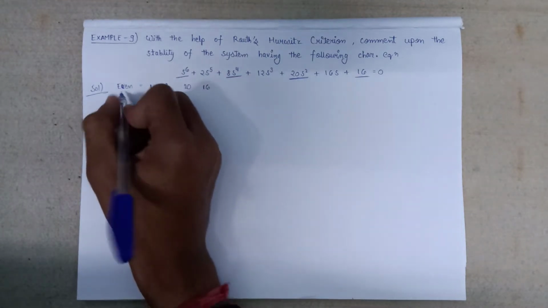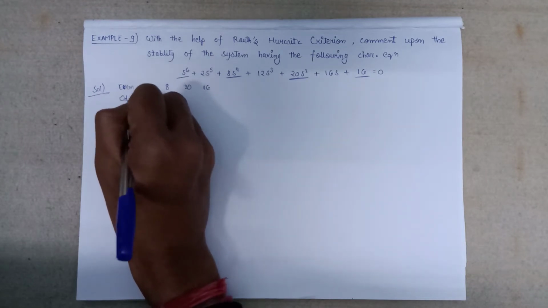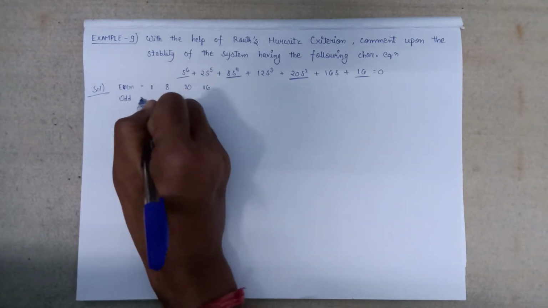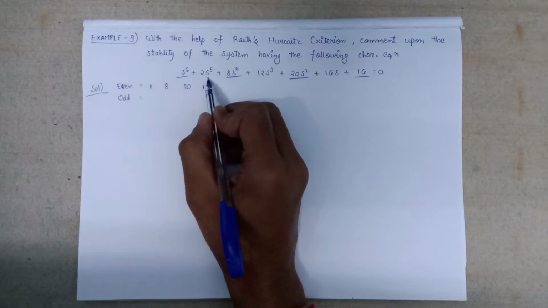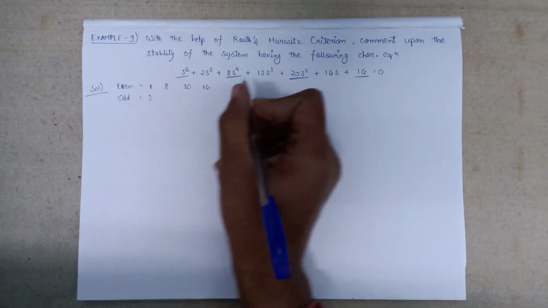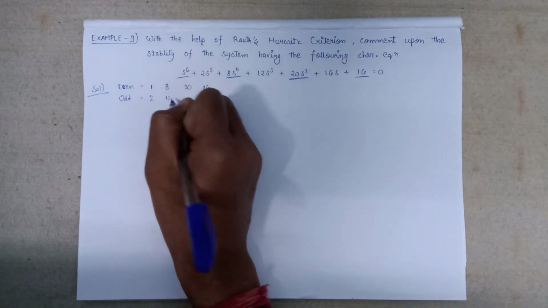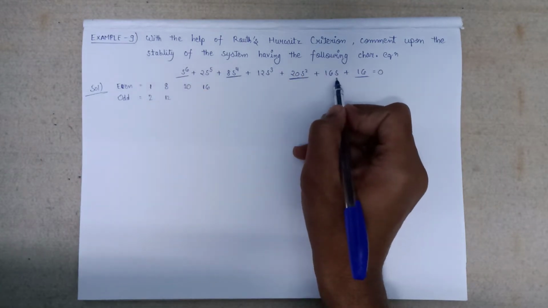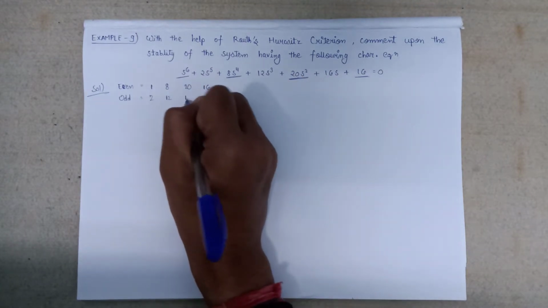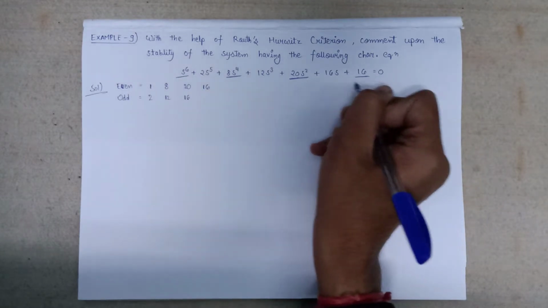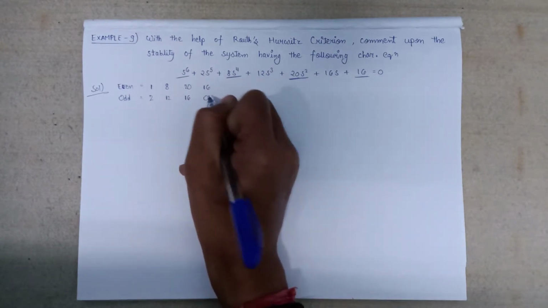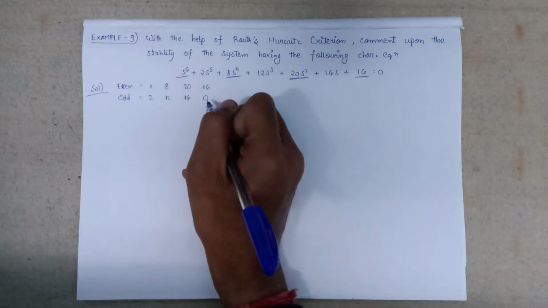Let's write the coefficients of odd powers of s: s to the power 5 coefficient is 2, s to the power 3 coefficient is 12, s to the power 1 coefficient is 16, and since no coefficient remains, we simply write 0 here.